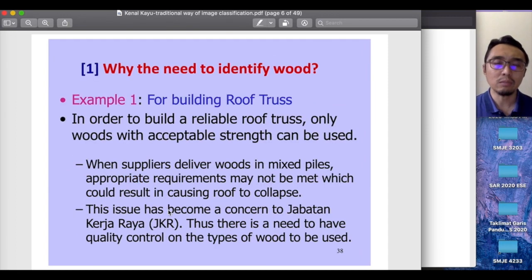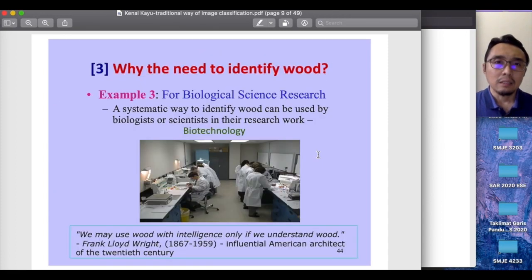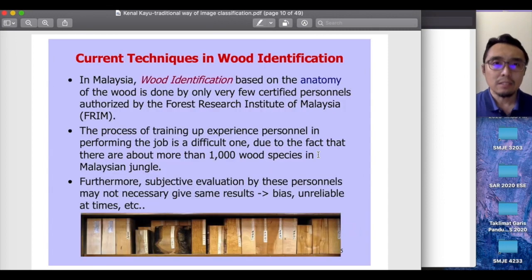So why do we need to do this? There are several reasons as explained here. We want to ensure that we are using the correct type of wood, for example, for roof truss you need to have woods with acceptable strength. So there are many reasons for that.